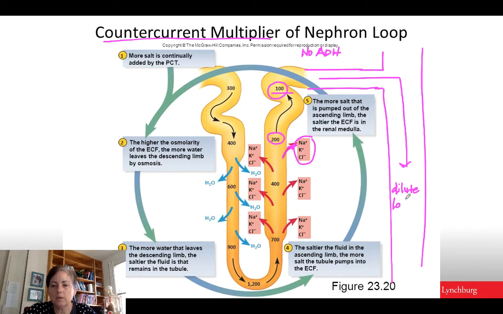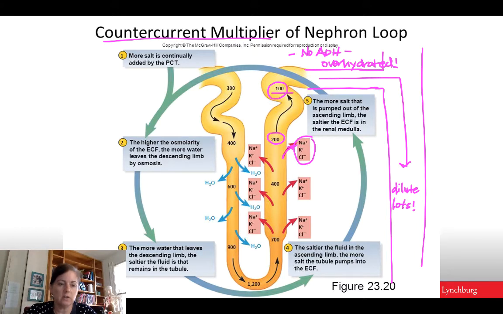It's going to be a high volume of very dilute urine. And so that's what we see when we're overhydrated and we have no ADH being secreted. So that's how our nephrons will create dilute urine and lots of it.